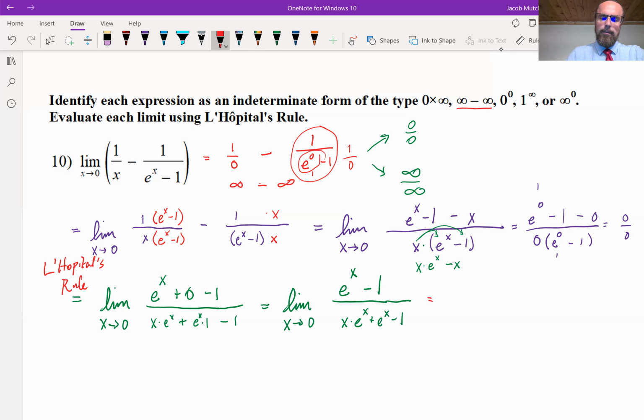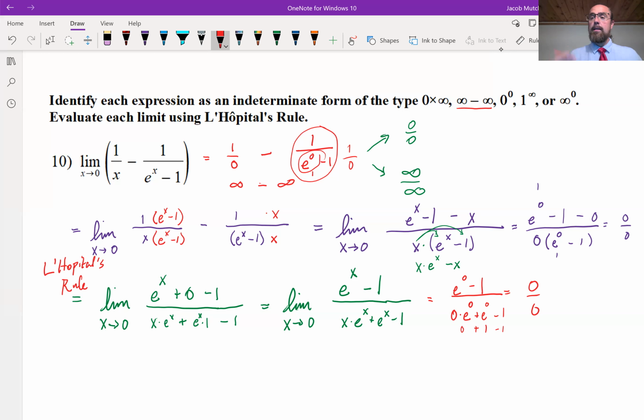So again, I'll plug in 0 above, so that's e to the power of 0 minus 1. 1, and that's equivalent to 1 minus 1, or 0. And then in the denominator, I've got 0 times e to the power of 0, so 0 times anything is just 0, plus e to the power of 0, which is 1, minus 1. So still I've got an indeterminate form, 0 over 0.